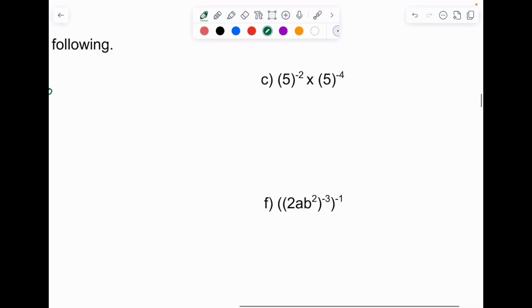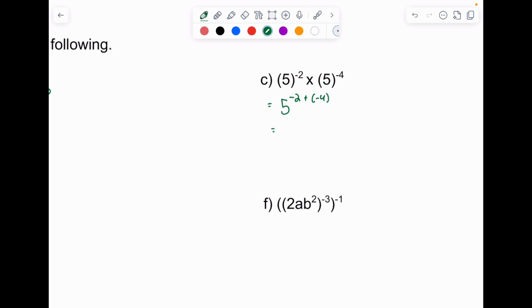Let's go through this. All right, so 5 to the negative 2 times 5 to the negative 4. Well, we have the same base being multiplied, all right? So why don't we add our exponents? This is technically like me saying 5 to the negative 2 plus, because they're multiplying, negative 4.